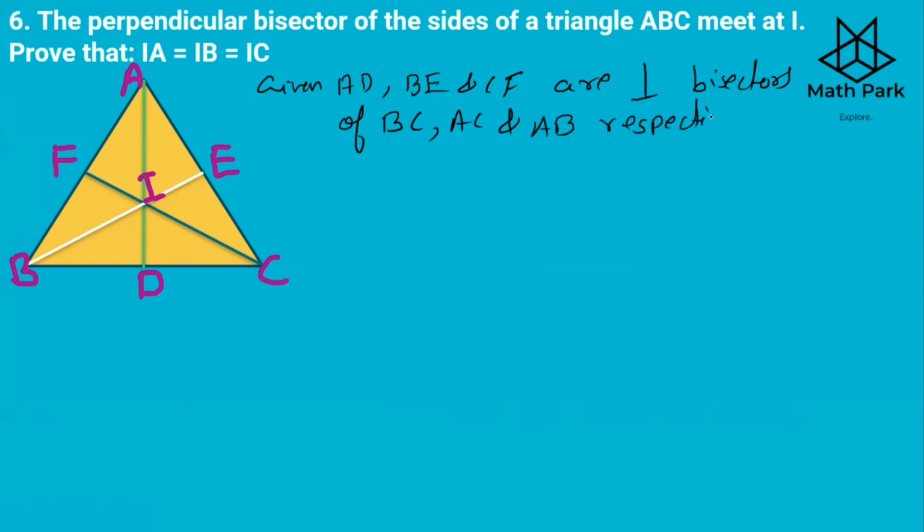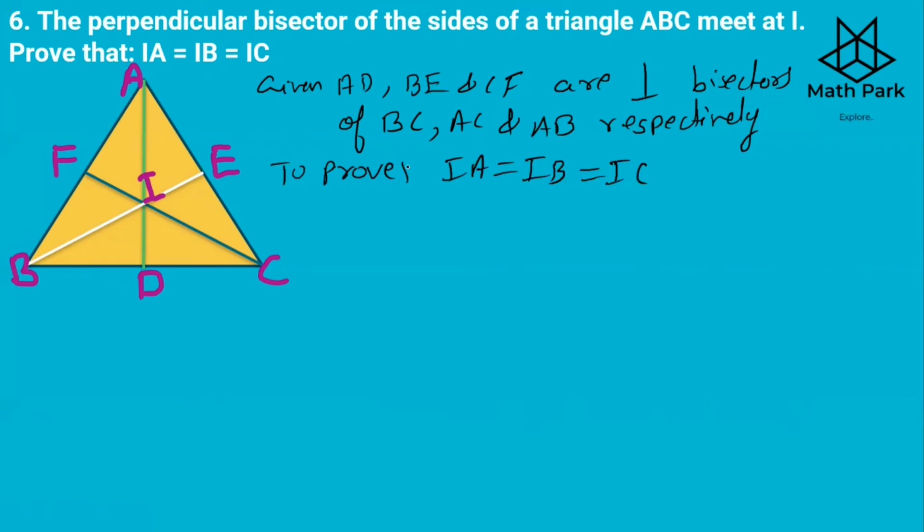What does this respectively mean? It means AD is the perpendicular bisector of BC, BE is the perpendicular bisector of AC, and CF is the perpendicular bisector of AB. All of them are meeting at I, and they are concurrent. Concurrent means they meet at a point. You have to prove IA is equal to IB is equal to IC.